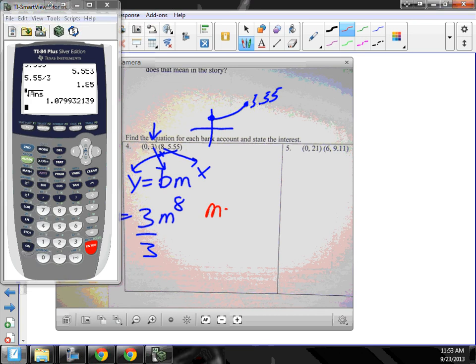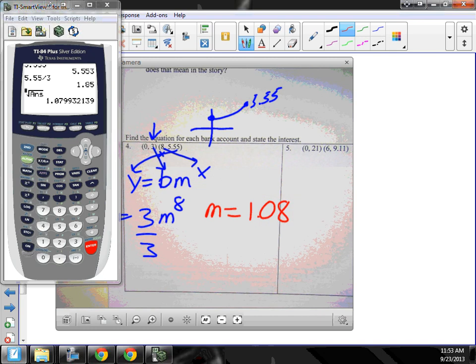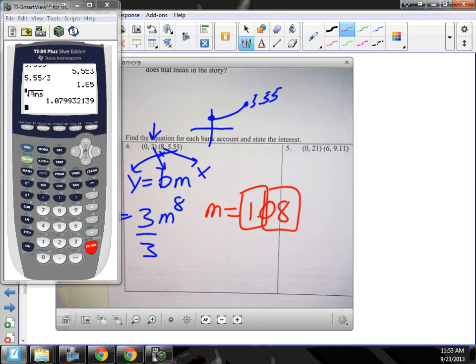So m equals 1.08. That means I have a bank account that's growing at 8%. This first 100% includes everything from last year, and this 0.08 represents an 8% increase. So my equation is y equals 3 times 1.08 to the x.